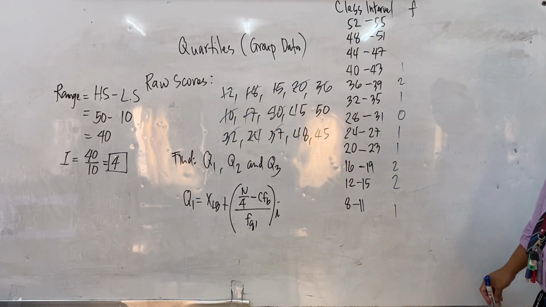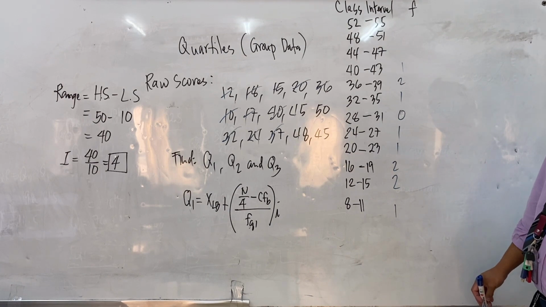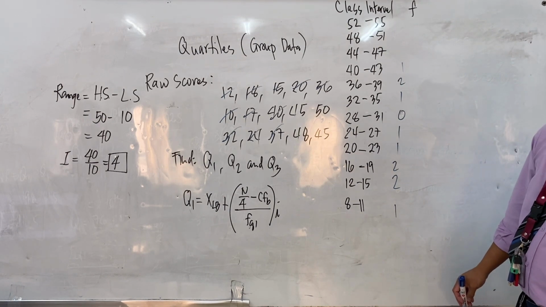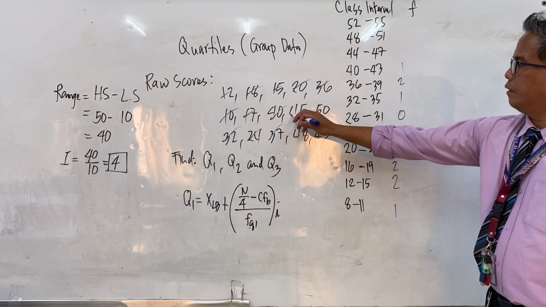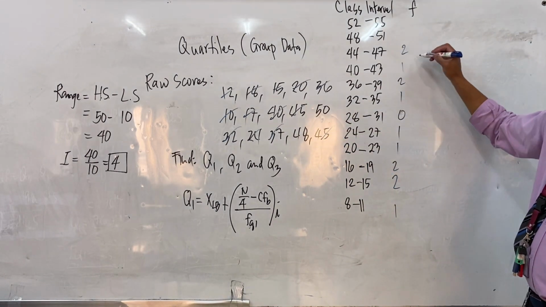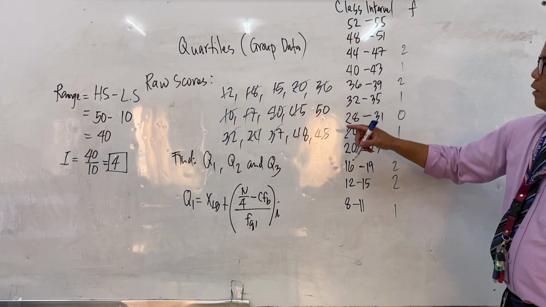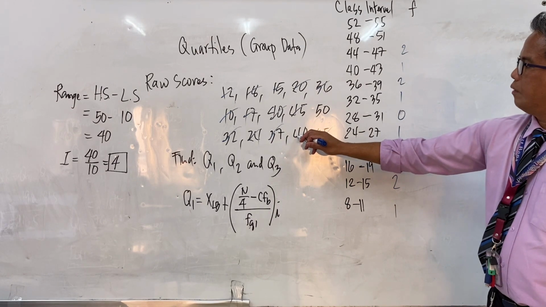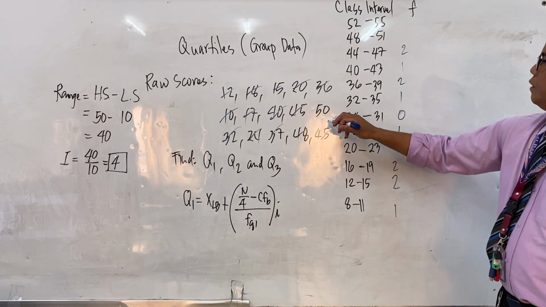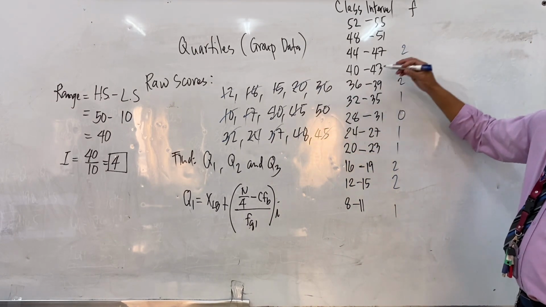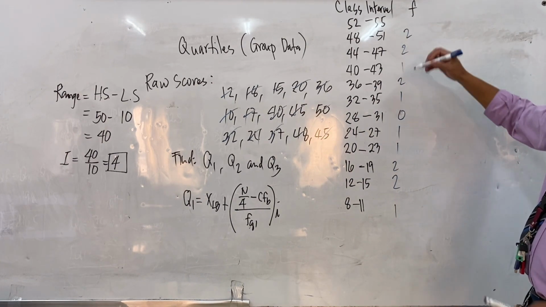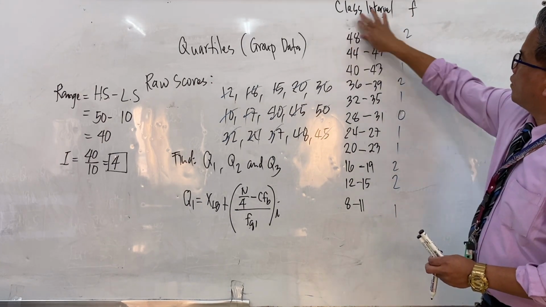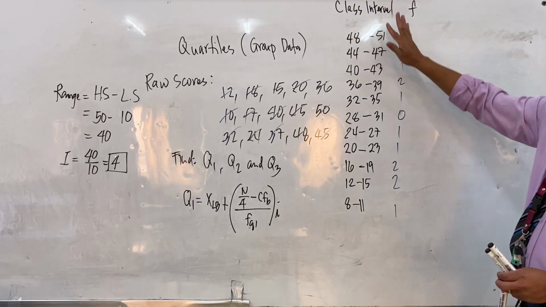Next is 44 to 47, we have 2. Next, 48 to 51, we have 1, 2, so 2. We will erase this because we have 51 already.